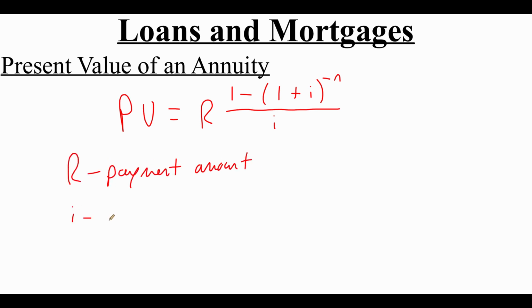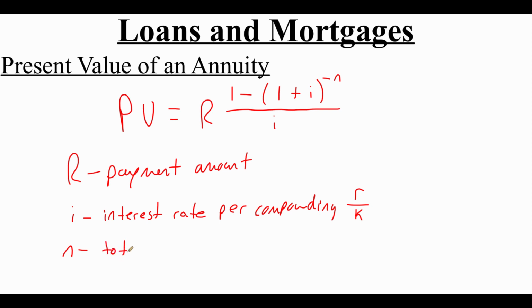I is the interest rate per compounding period, and we find that by taking our interest rate divided by the number of compoundings per year. And the N value is the total number of payments that you're going to make over the life of this annuity. We calculate this by taking the number of compoundings times the time frame, or the number of years.